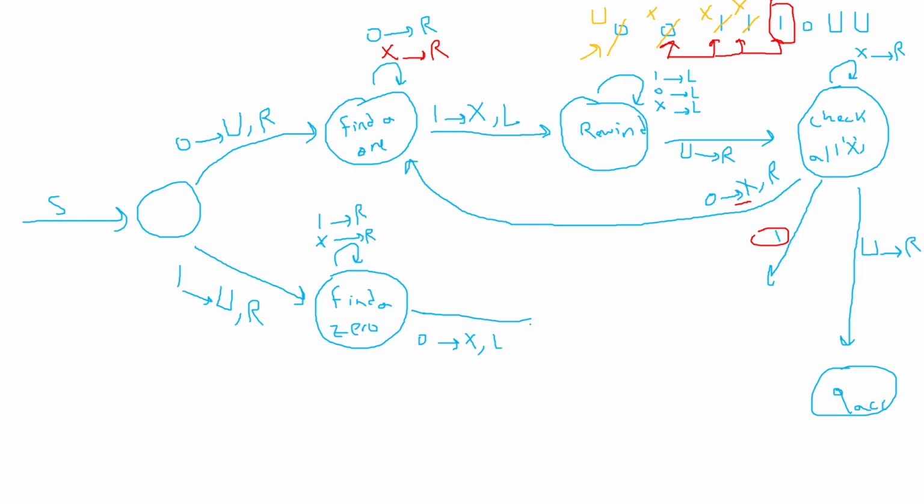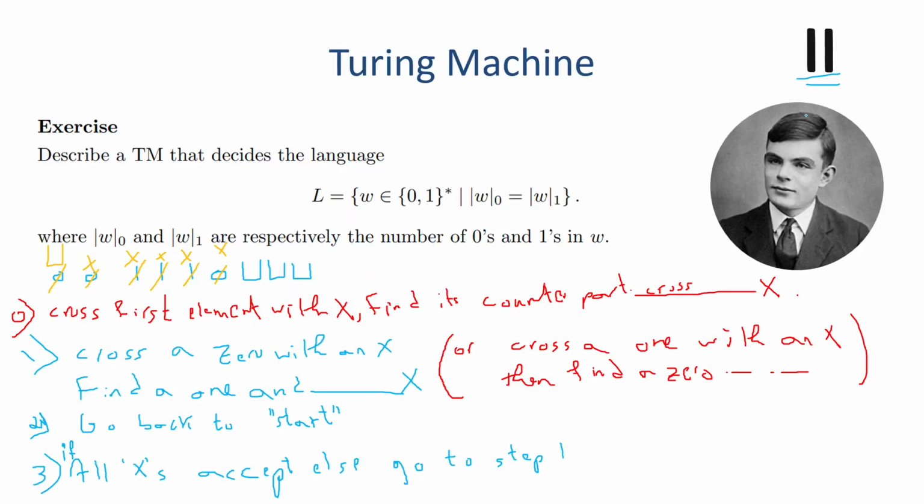I could say, let's just go over this rewind, because it's the same thing. I found a 1 and I crossed the 0. Now I'm going to rewind and check if it's all X's. It doesn't matter if I cross 0 first or 1 first, because eventually I'm going to do the same thing. According to my algorithm, I'm going to rewind back to the beginning and then check if it's all X's.